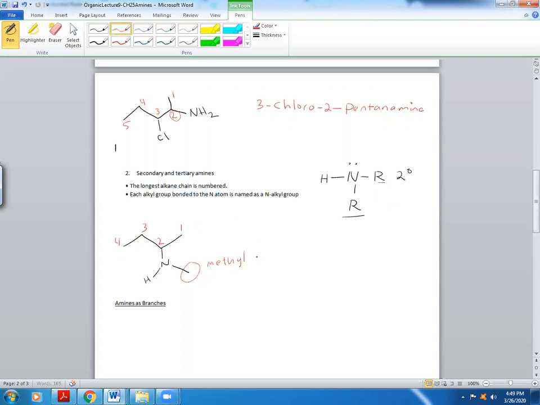So the only way to safeguard against any confusion is to actually use an N. So you say N-methyl. And then you have 2. That's where it occurred at, 2-butanamine.